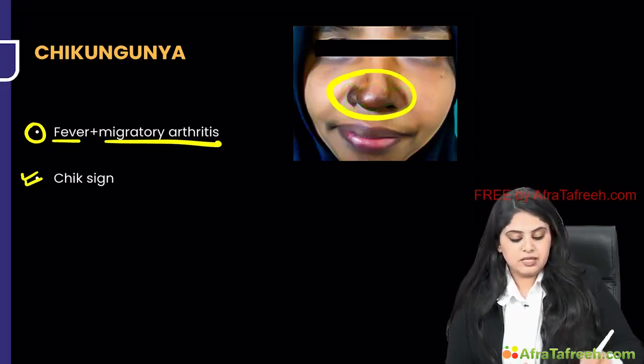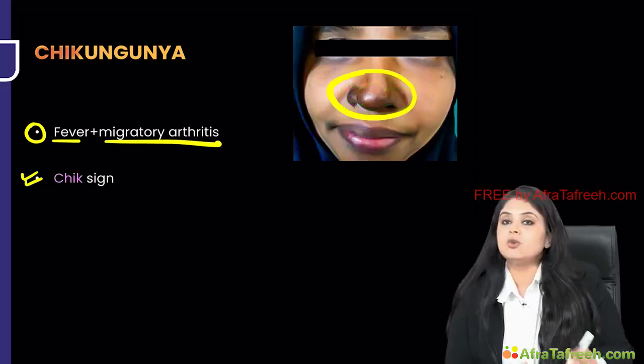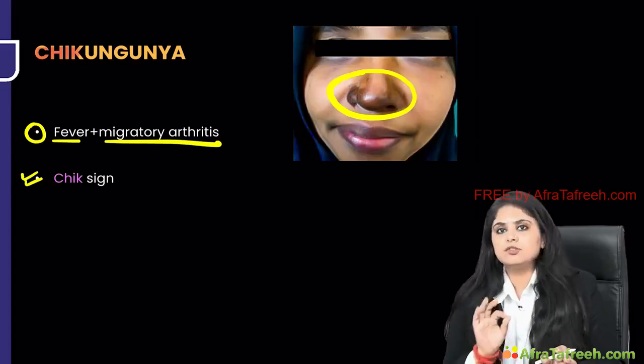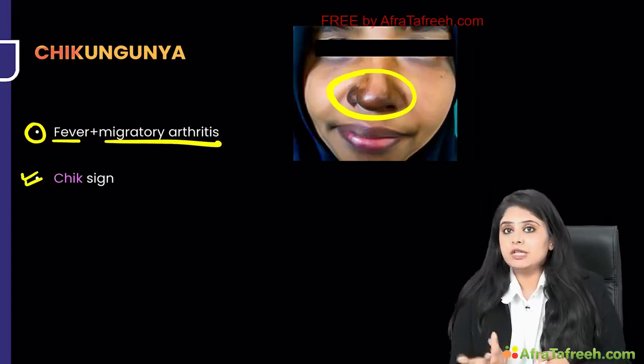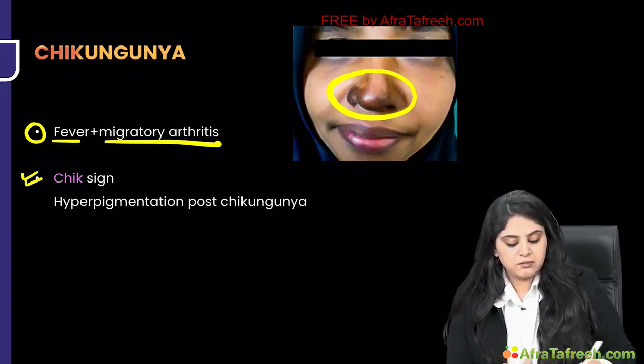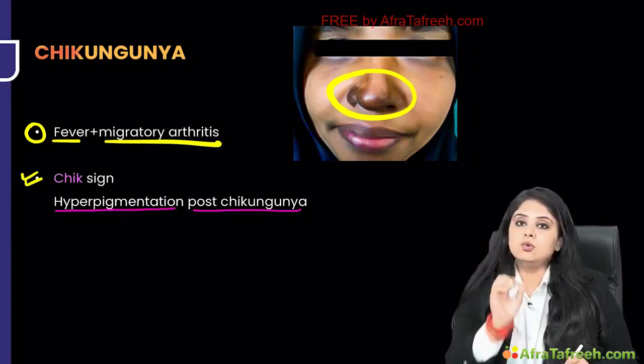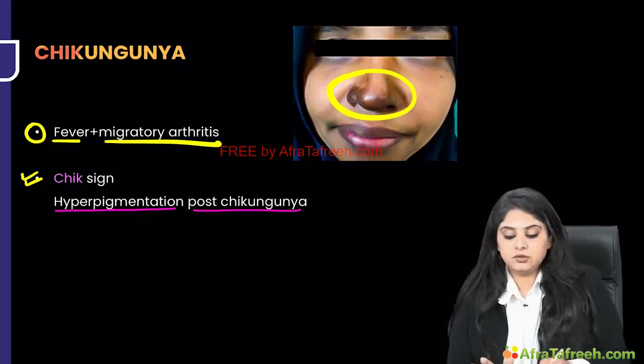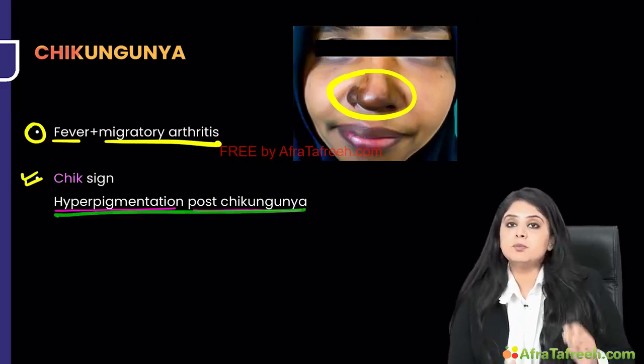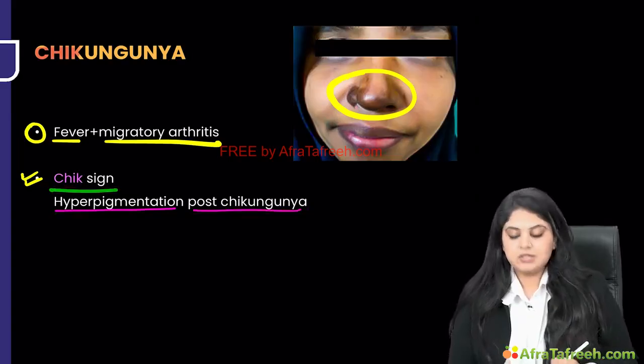So look, this is simple, that chick sign will be seen in chikungunya. This question no one will ask you. This you already know. They will ask you what is the chick sign. So chick sign is nothing but the hyperpigmentation that can be seen usually around the nose after chikungunya recovery. So please remember hyperpigmentation post chikungunya, that is the chick sign.